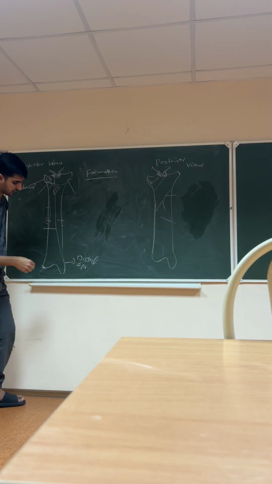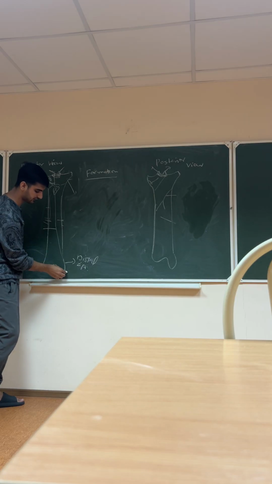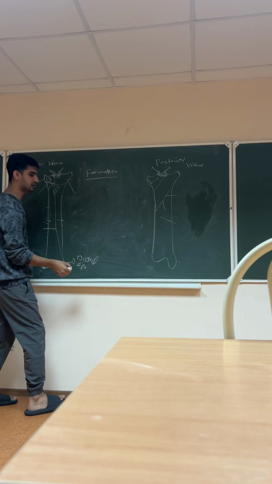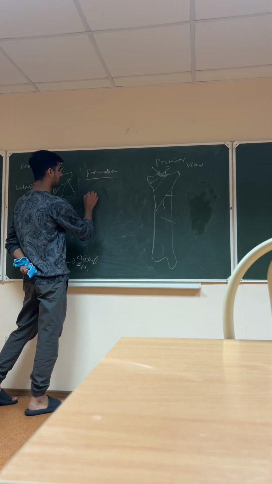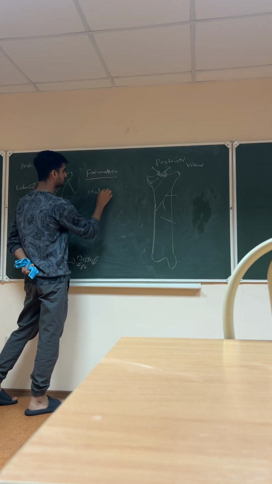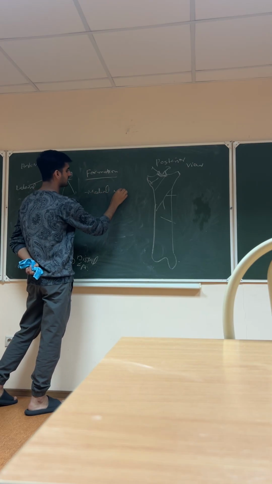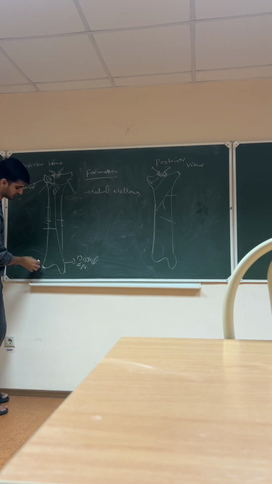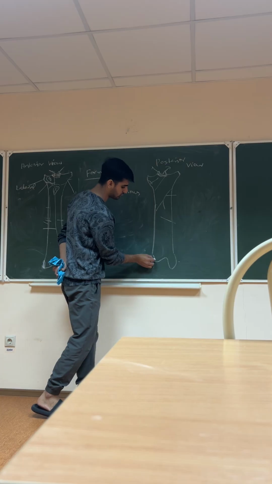First, this is the tibia. This is the medial malleolus. The medial malleolus, in the tibia, which side is it located? Middle side, medial. Malleolus is the first formation. Then we have here the incisura, notch, for which bone?